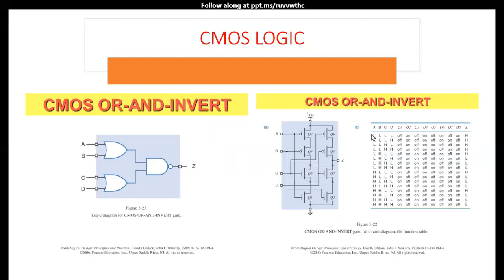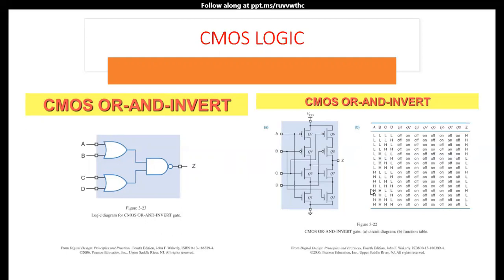If the inputs are low, high, then Q1 off, Q2 on, Q3 off, Q4 on, Q5 off, Q6 on, Q7 on, Q8 off, which results in high output. If you give high, low input, Q1 off, Q2 on, Q3 off, Q4 on, Q5 on, Q6 off, Q7 off, Q8 on, which results in high output.